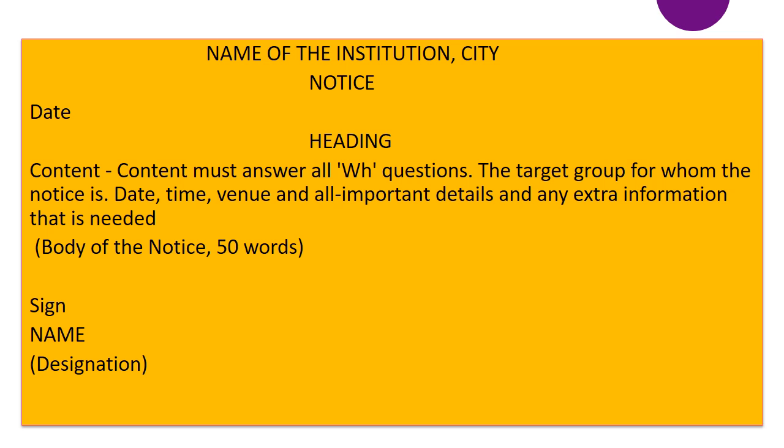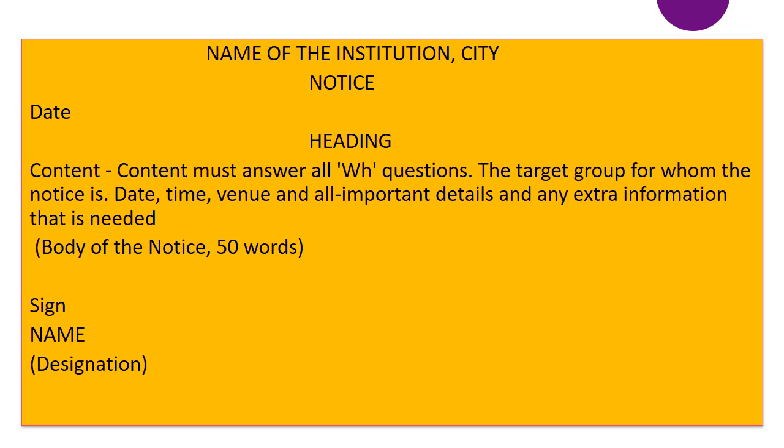In the fourth line, we write a catchy heading to arouse the interest of the readers. So this heading should also be in capital letters, and in the heading you have to clearly mention the purpose of writing that notice. Then comes the content part.